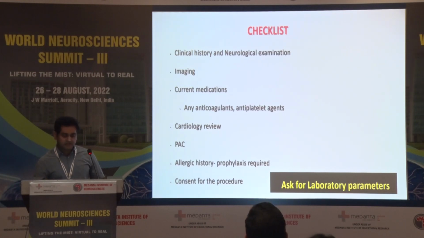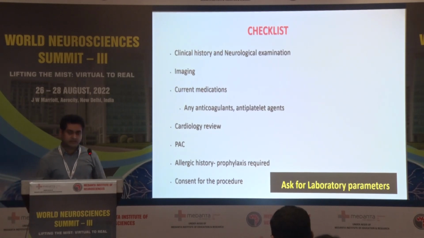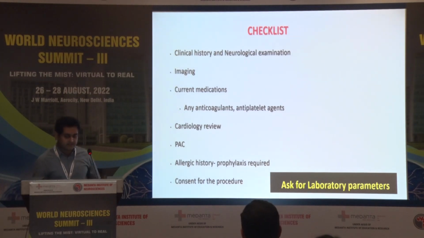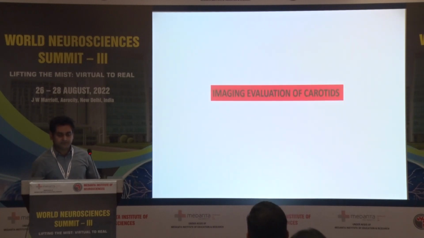For current medications, we have to evaluate any anticoagulation or antiplatelet agents the patient is on, and a detailed cardiology review is required. A PAC, pre-anesthetic checkup, is required, and if there is an allergic history, prophylaxis is required before the procedure, because we have to use dye in these patients. Then the most important is consent for the procedure, and we also ask for routine laboratory investigations.